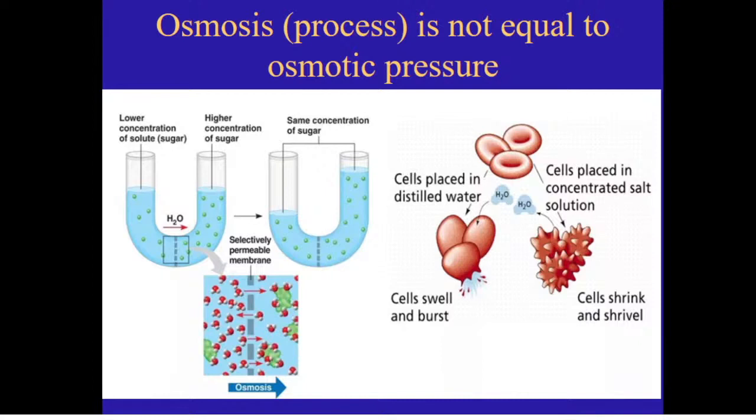Osmotic pressure is a hydrostatic pressure that can be caused by all salt particles. So if we have electrolyte particles, they also participate in osmotic pressure. If we have molecules of proteins, they also participate in the formation of this osmotic pressure.